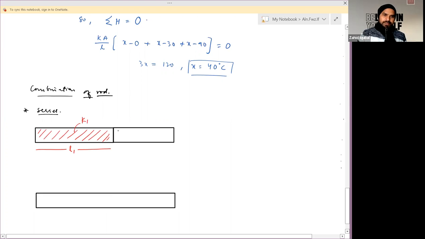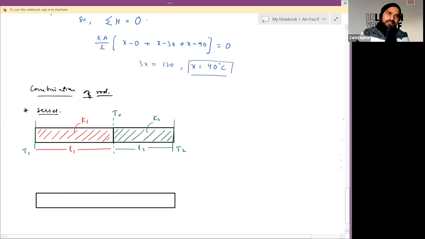This is the second one, having thermal conductivity K2 and length L2. Let's say temperature of this end is T1 and temperature of this end is T2 and temperature of junction is T0.